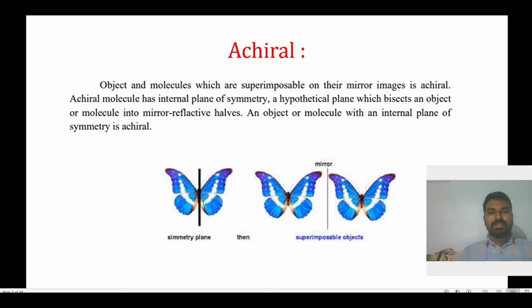This is one condition for a molecule to be achiral, and the second is that the mirror image is superimposable on it. If we superimpose this butterfly on its mirror image, it will match exactly. So objects and molecules which are superimposable on their mirror images are achiral.